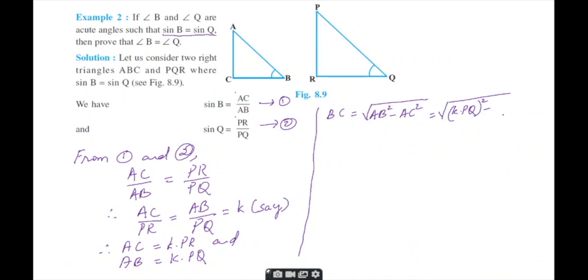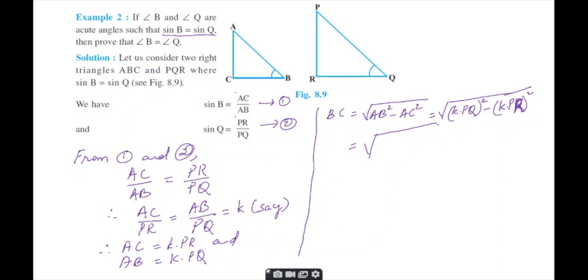AC is K PR. K into PR whole square. So this is equal to square root of K square PQ square minus K square PR square. Sorry, first one I made a mistake. Second one, AC is equal to K into PR.